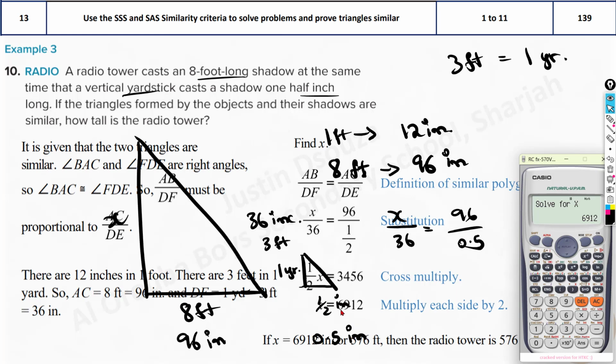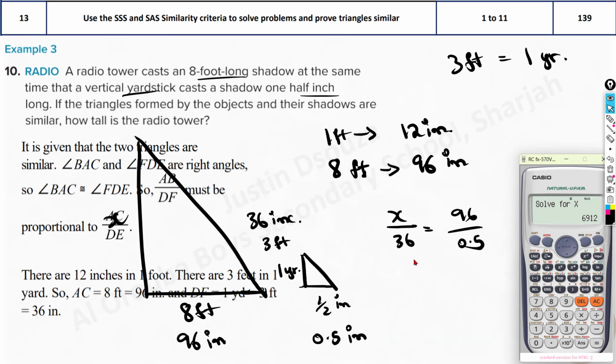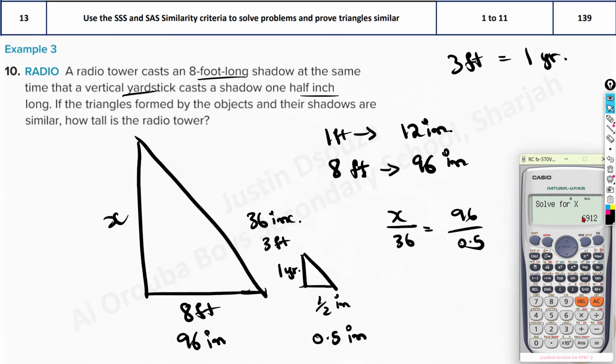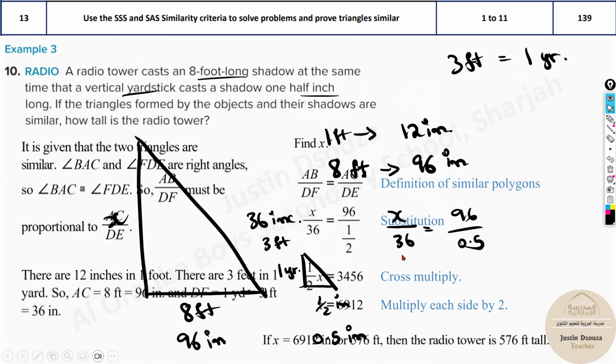Let me just check whether the answer is correct. Yes, that is in inches. Okay, 6912. But what you need to do is don't keep it in inches. Divide by 12, then we will get it in feet. See, the answer we found is 6912, right? Divide this by 12. That is 576 feet tall.